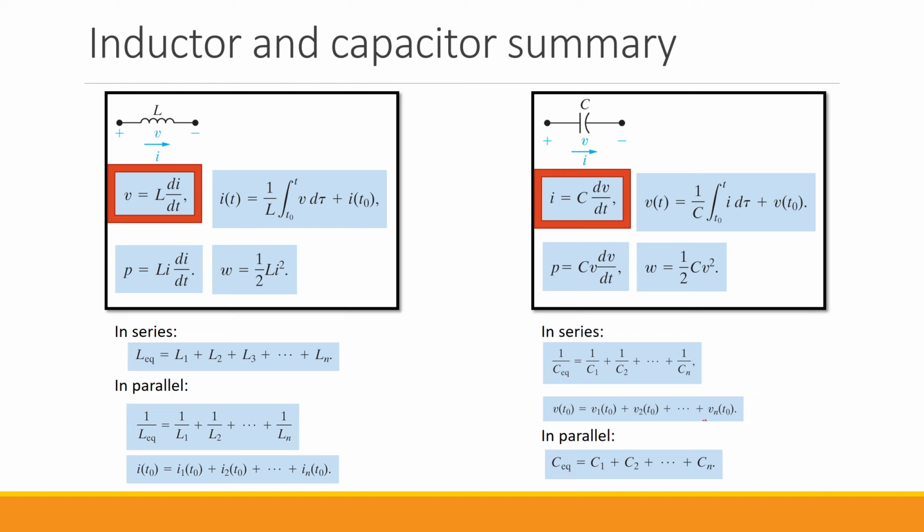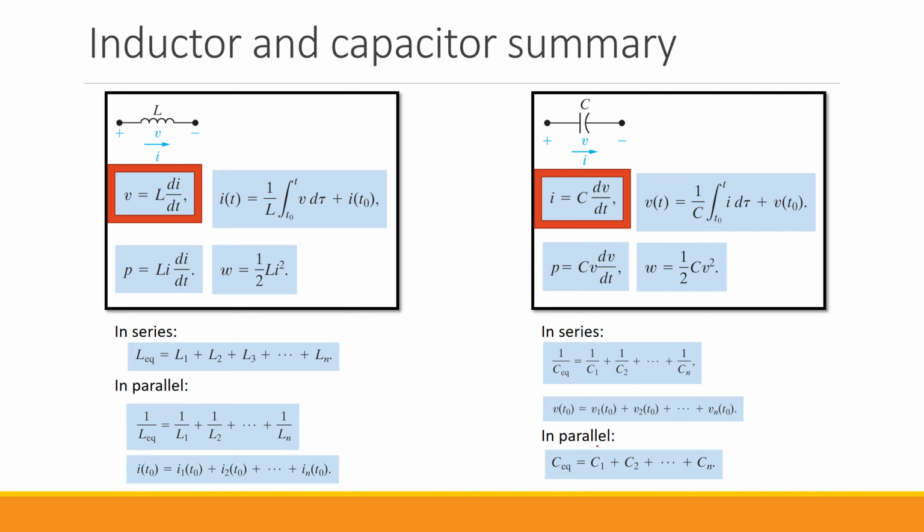And the voltage across the equivalent capacitance was the result of summing all the voltages of the individual capacitors connected in series. On the other hand, when they were connected in parallel, the equivalent capacitance was equal to the sum of all the individual capacitors.